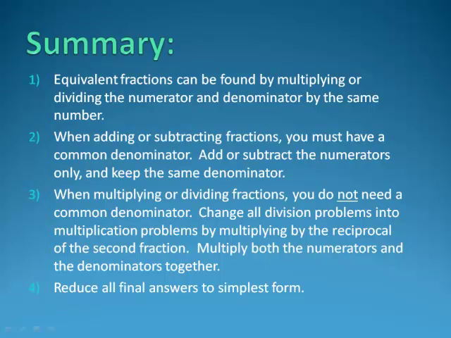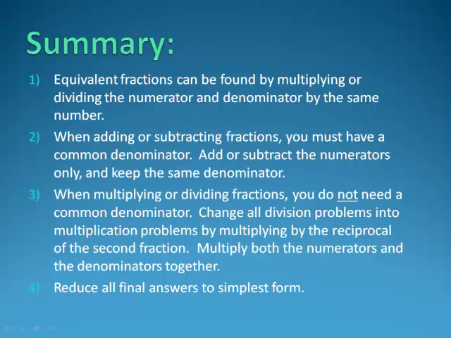So let's summarize all that. In summary, equivalent fractions can be found by multiplying or dividing the numerator and denominator by the same number. When adding or subtracting fractions, you must have a common denominator. Add or subtract the numerators only and keep the same denominator.